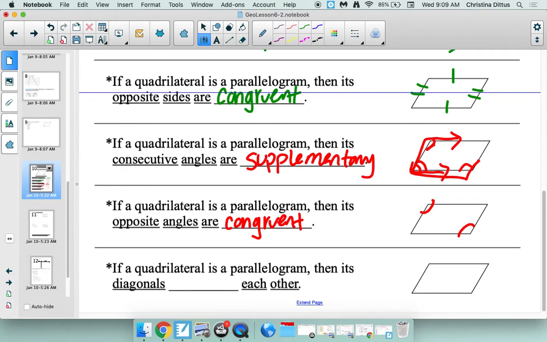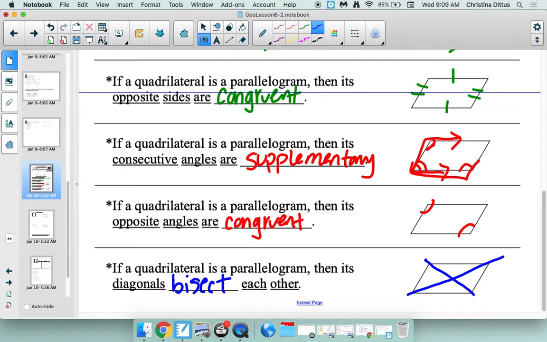So far we got opposite sides are congruent, opposite angles are congruent, opposite sides are parallel. The last thing, diagonals are the things that cross in the middle. And they bisect each other. What's it mean to bisect?